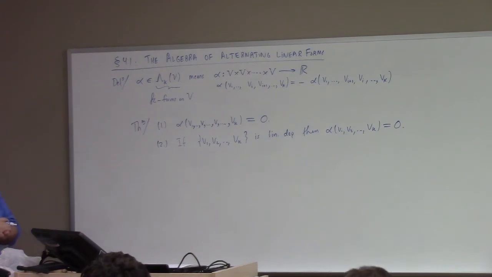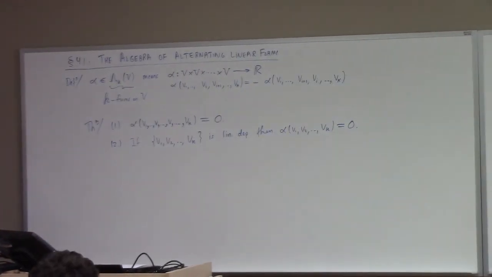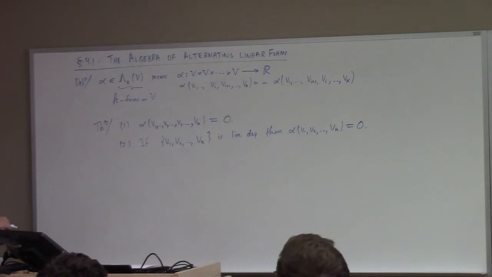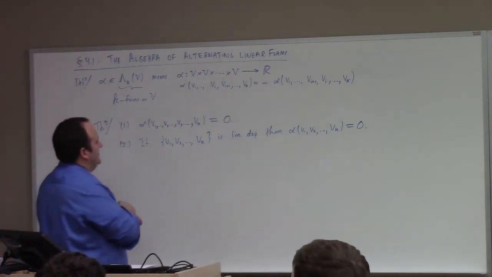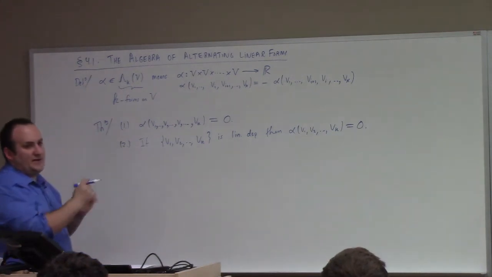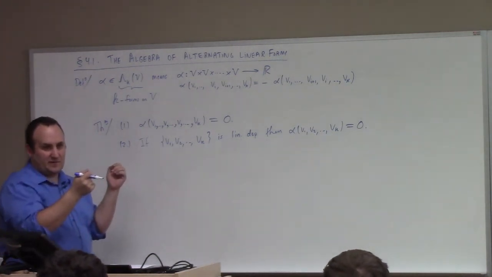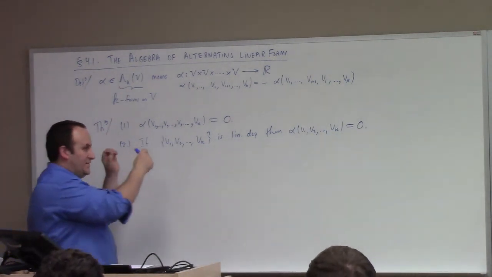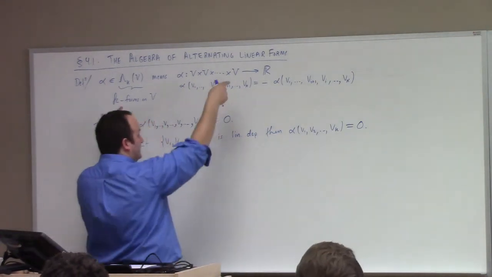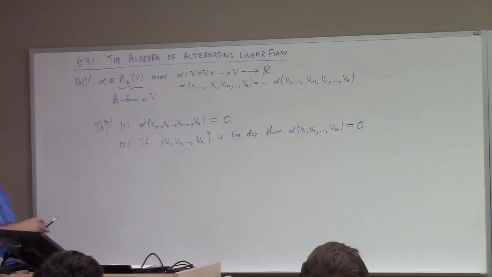Okay. So if there's any repeated input, no, just 2 of them. Yeah, it's 0. And that comes from this, I mean, if they're adjacent, then you get it immediately. But if they're not adjacent, what's the rest of the proof? You just flip until they're adjacent, and then apply the definition.